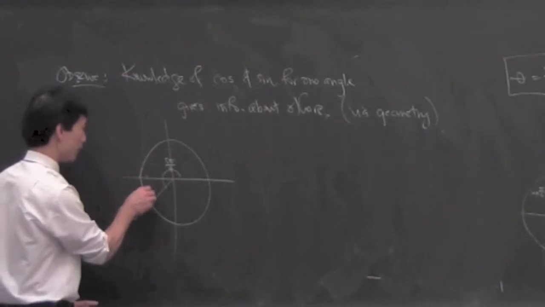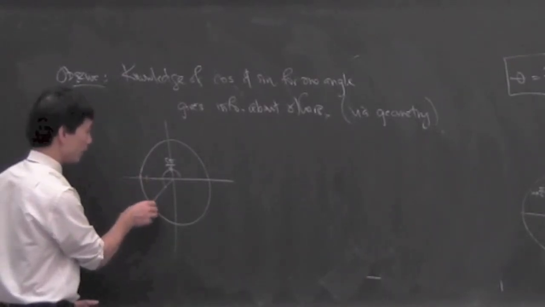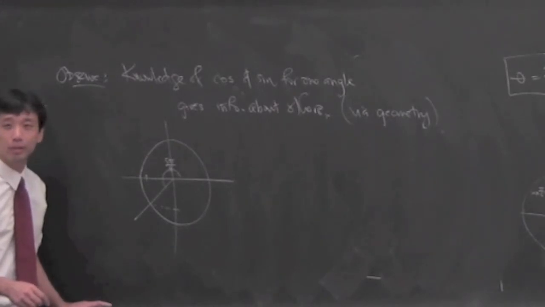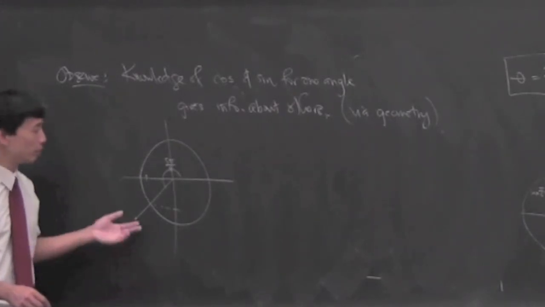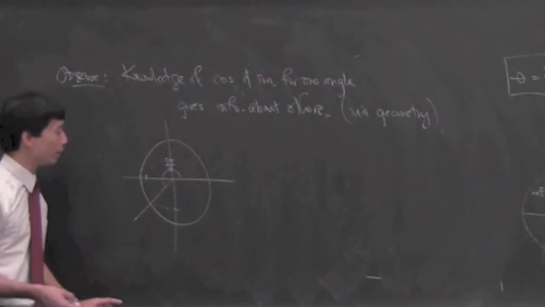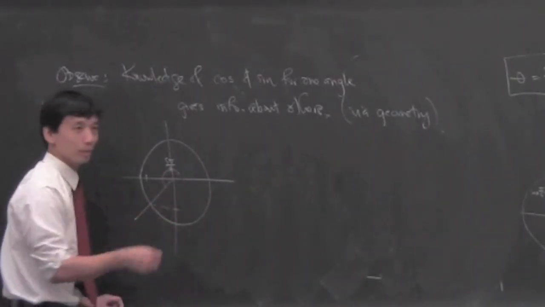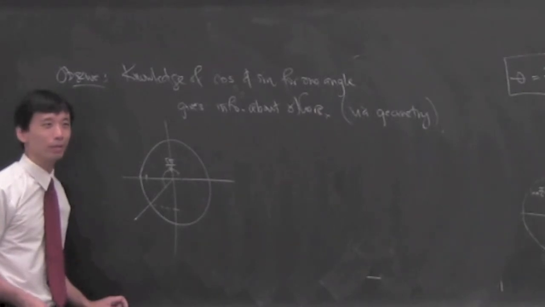Well, you want to figure out, again, the cosine is the x-coordinate, the sine is the y-coordinate. What do we need to do? Who can explain how we can get it? Can anyone tell me how to get it? Lauren?